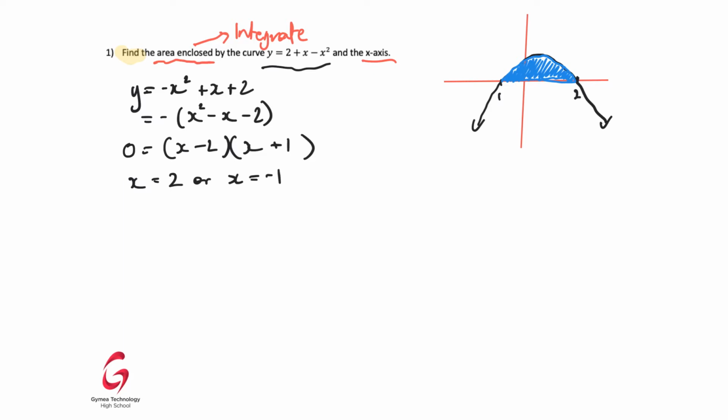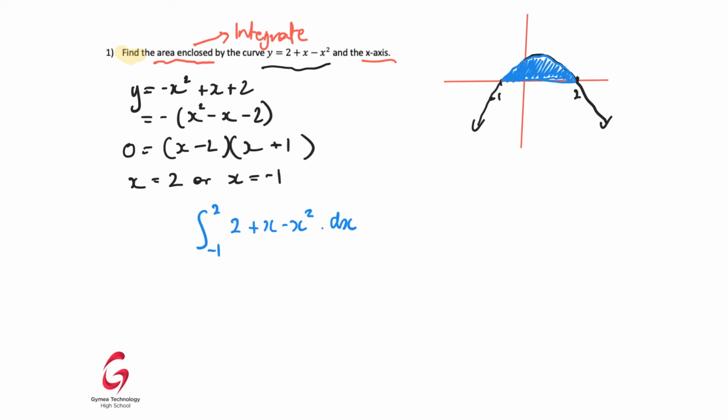So essentially, this question is asking us to integrate between 2 and negative 1. I forgot to put my negative 1 there. We're integrating 2 plus x minus x squared dx. That's the question we're essentially being asked to solve.